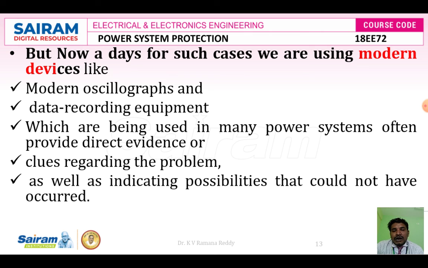That means to record the fault event, like modern oscillographs, and to record voltage, line current, line power, we use data recording equipment where we convert raw data into useful data for identifying the problems. If it is required, then only we place a required power system protective device, otherwise it is not required. So this is about no conclusion.